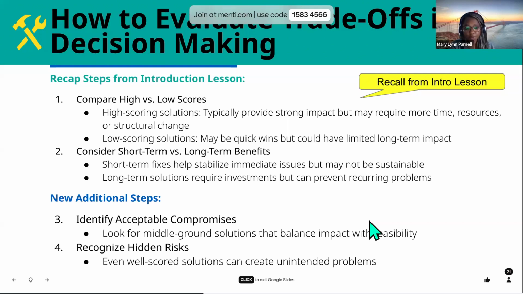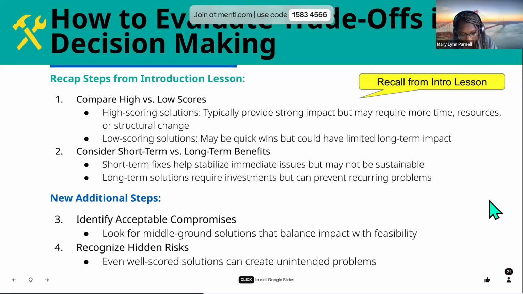The new additional steps that we're diving deep into this week: for step three, we're going to add identifying acceptable compromises, which is looking for middle ground solutions that balance impact with feasibility. And then also recognizing hidden risks, so even well scored solutions might create unintended problems.